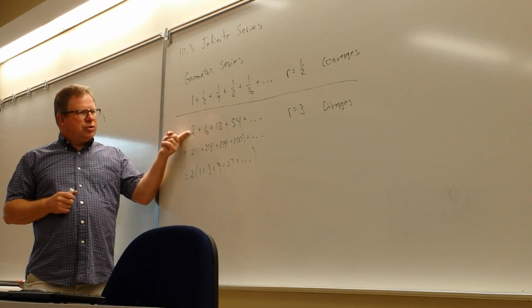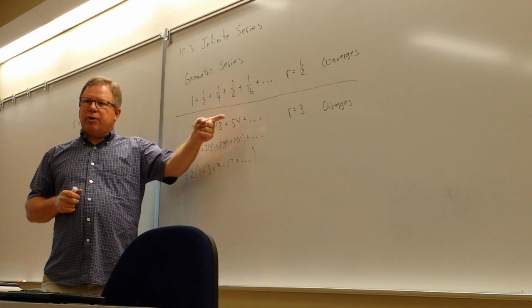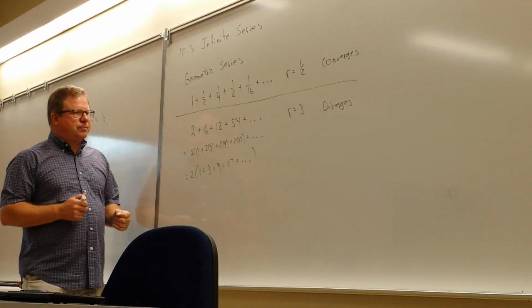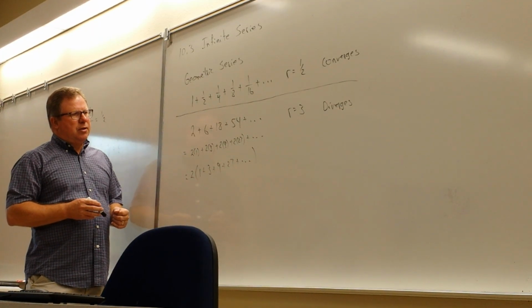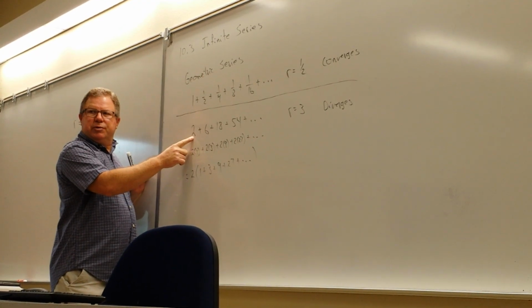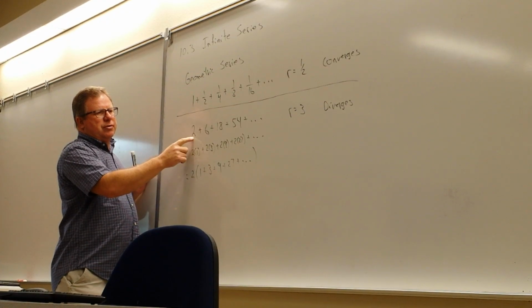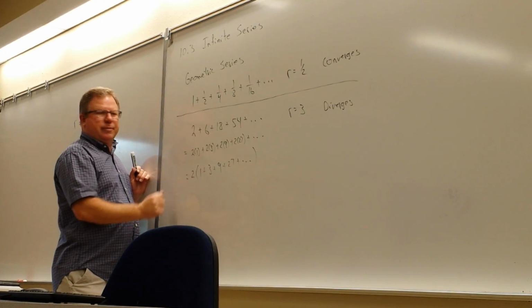Yeah, 2 times 3 is 6, 6 times 3 is 18, and so on. But we can't divide a 3 out of the 2. Okay, never mind. Does that make sense? Yeah, I see what you're doing.